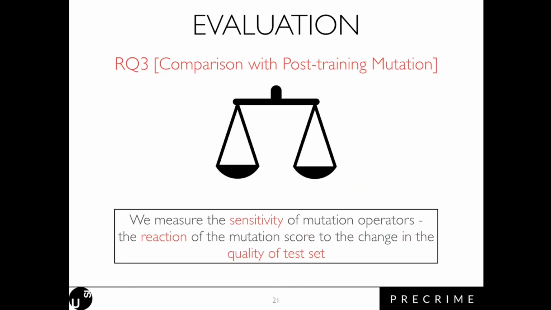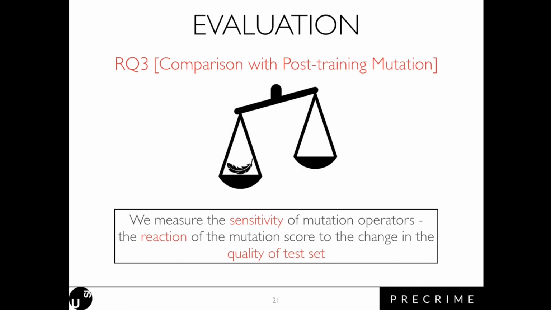To do so, we measured the sensitivity of the operators, that is, the reaction of the mutation score of both types of operators to the quality of the test set. For this, we constructed for each subject 2 test sets, a stronger one and a weaker one. And we see which set of operators' mutation score shows the difference between these 2 test sets better.